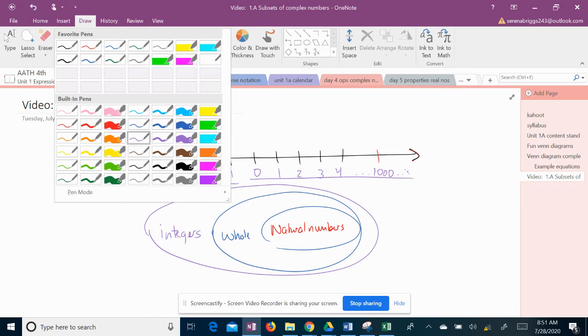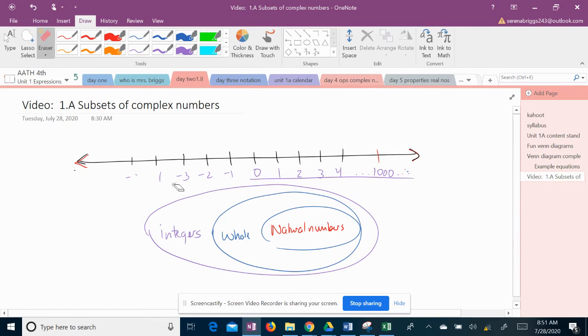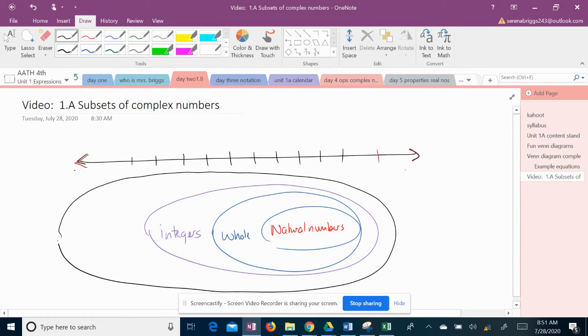Now, if I just erase those numbers from the number line for now, if you consider the entire number line, all of it, integers, whole numbers, natural numbers, and all the numbers in between.